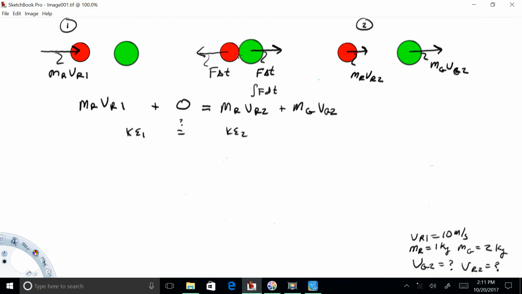Long story short, if these materials bend in any way, shape, or form, typically kinetic energy is not conserved. However, if these materials were very hard, something like pool balls, then there's very little deforming of material, and then the kinetic energy in this picture is pretty much the same as the kinetic energy in this picture. So in the real world, that's a material-dependent question.